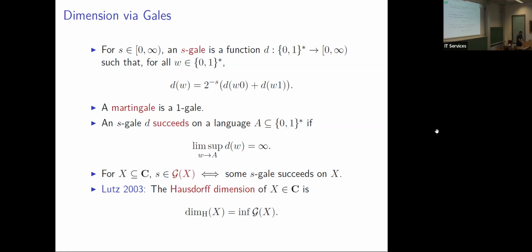Then we can define, for any subset X of Cantor space, G of X to be all the S's such that some S-Gale succeeds on X. This is saying how unfavorable the betting environment can be and still allow you to make infinite money when betting on X. Then the Hausdorff dimension of X is the infimum of this G of X. It's an alternative characterization.